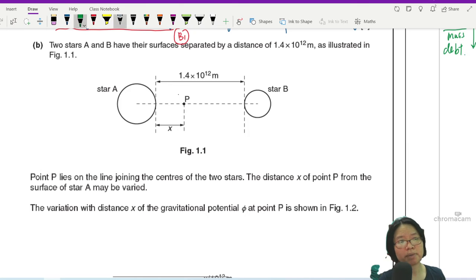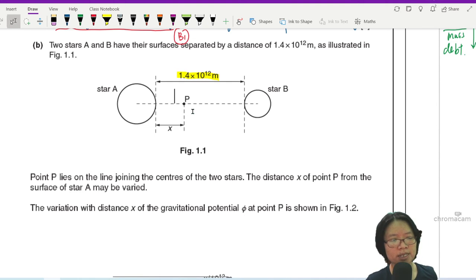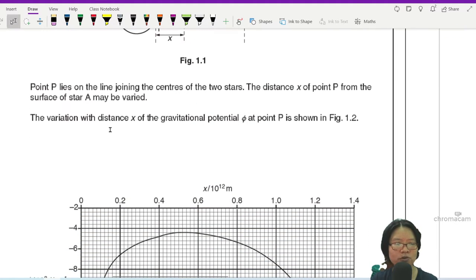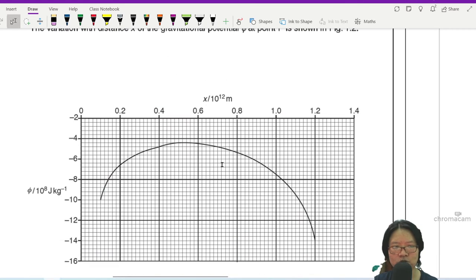They are separated by a distance of 1.4 times 10^12 meters. Point P lies on the line joining the centers of the two stars. The distance x of point P may be varied. So basically I am measuring the work done per unit mass at every single point along this line. The variation with distance x of gravitational potential at point P is shown, and it looks like this.